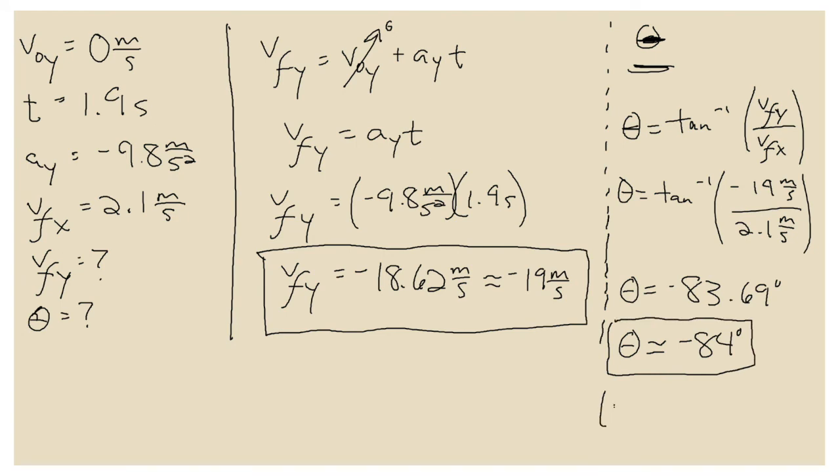And all that negative really means is just that it's below the x-axis. Because notice here, we drew the triangle like that. And so there's our x-axis, and we're just saying that this angle is below the x-axis.